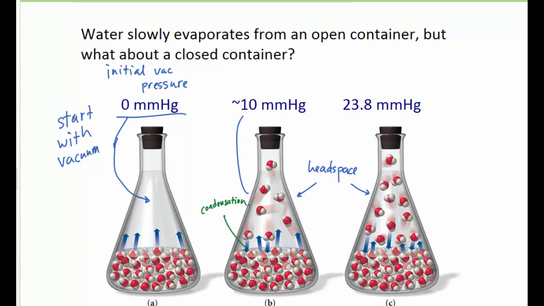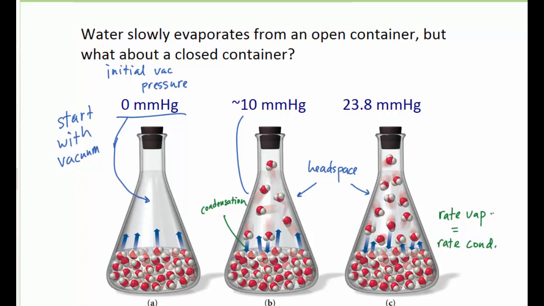And eventually, we'll get to a maximum pressure, and that only happens when the rate of vaporization equals the rate of condensation. Where we have the same number of up arrows as down arrows. For every molecule that is flying away, another molecule is landing on the surface. And as soon as that happens, we will no longer be increasing the pressure up above.